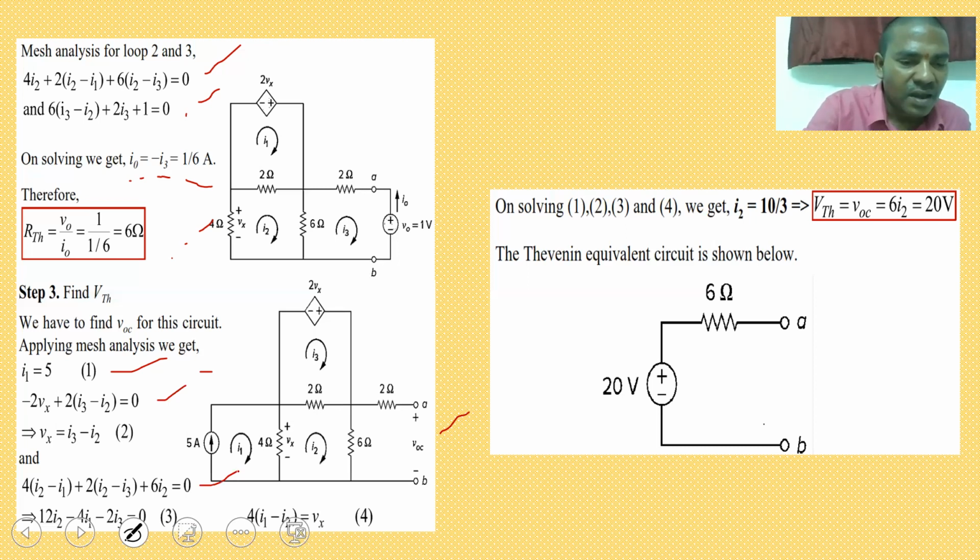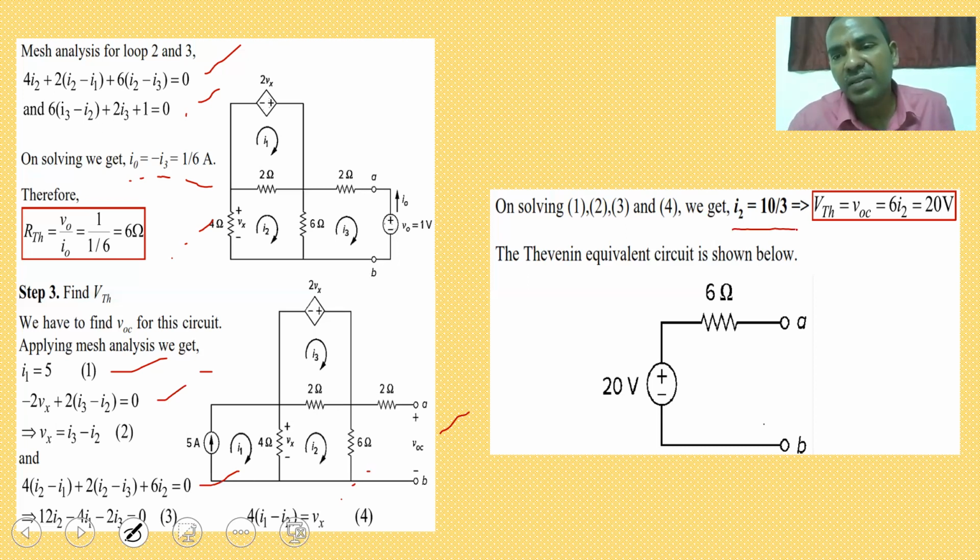From this, after reduction, we get 4 times (I1 minus I3) is equal to Vx. So equation 1, 2, 3, 4, if you solve, you get the I2 value as 10 by 3. So the VTH value, which is VOC, is equal to 6 times I2.